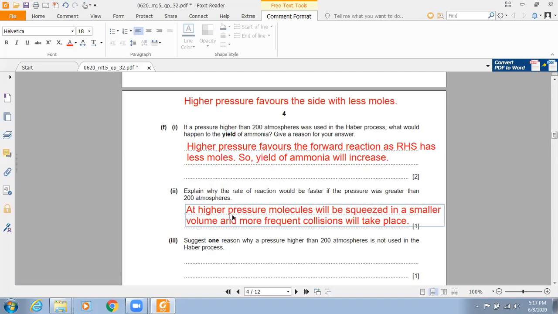Suggest one reason why a pressure higher than 200 atmospheres is not used in the Haber process. What is the disadvantage? Is it cost effective? No, it is not cost effective.